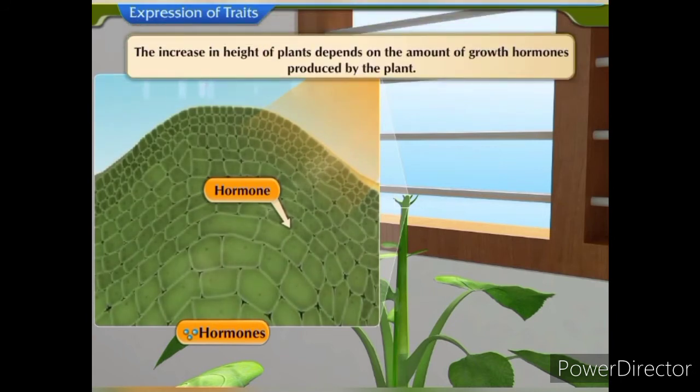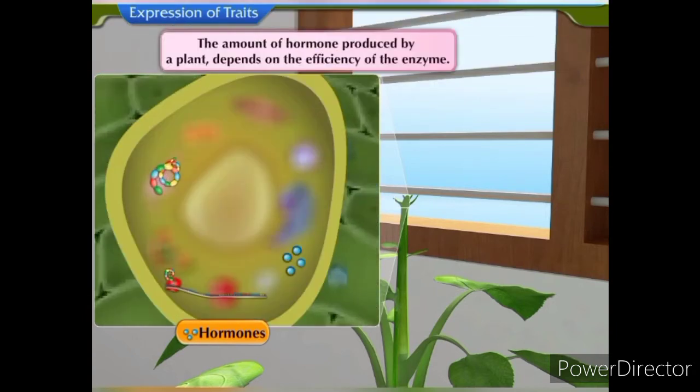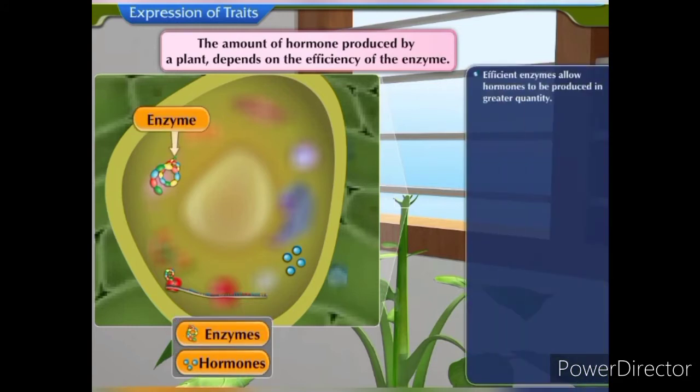The increase in height of plants depends on the amount of growth hormones produced by the plant. The amount of hormone produced by a plant, in turn, depends on the efficiency of the enzyme. Efficient enzymes allow hormones to be produced in greater quantity. Hence, the plants gain height and they appear tall.